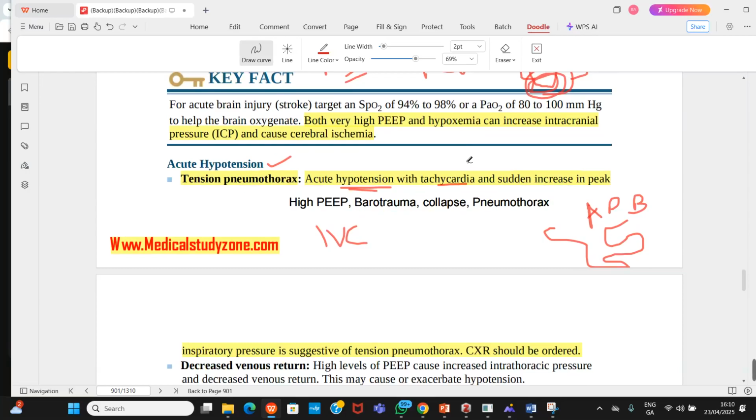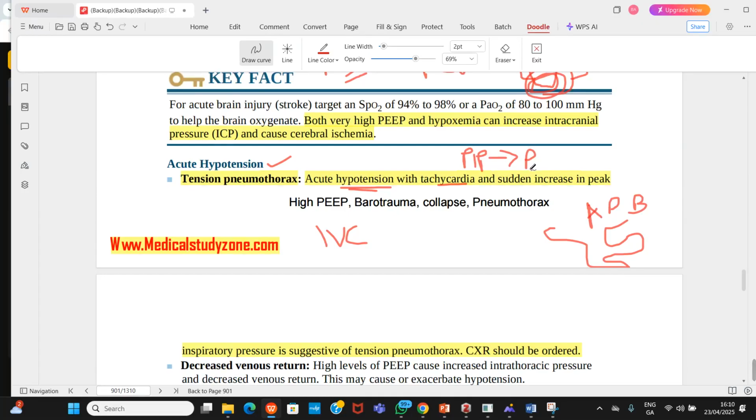And what are we going to see in the pressure setting? Which pressure is going to increase that would further support our diagnosis of tension pneumothorax? Anybody? People that are following us. Elastic recoil pressure, yes. Which is going to be evident by what?